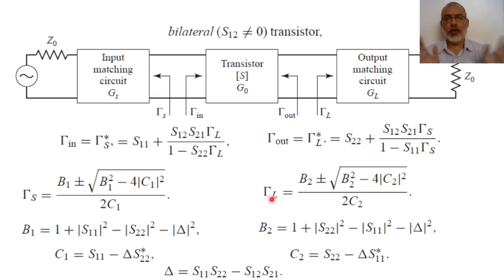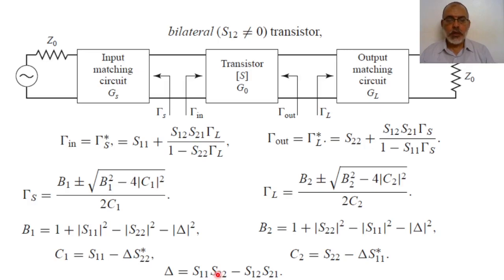Once again, if we are interested in finding the corresponding gamma source and gamma load for unilateral, we simply put S12 to 0. So in this case, delta would be simply S11 S22.